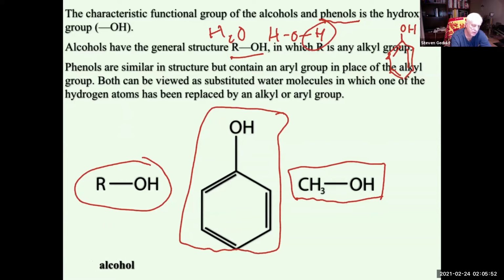So here's your alcohol, there's your phenol, and this is methanol. The OL ending is what determines the alcohol. CH4 is methane. You drop the E and add OL because it's one carbon. Once you see OL, you know there's an OH group because it's an alcohol.